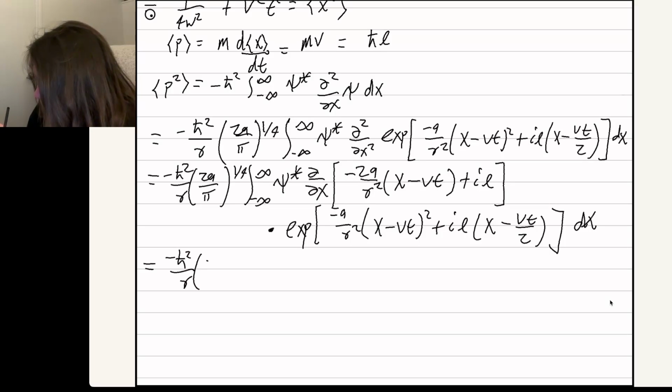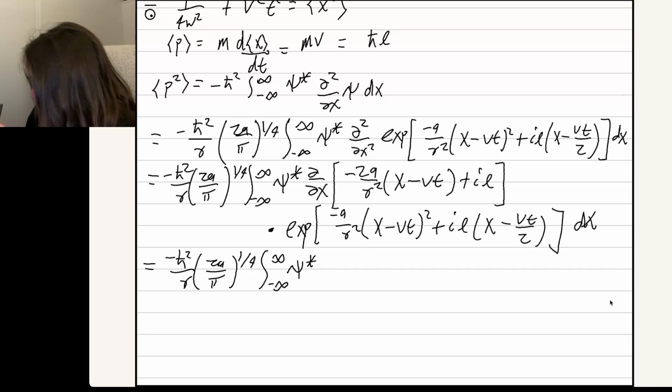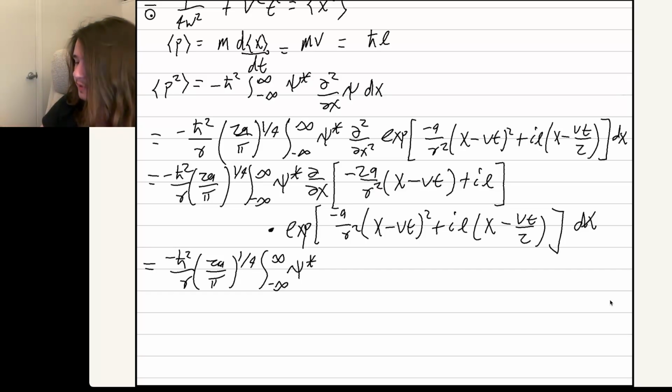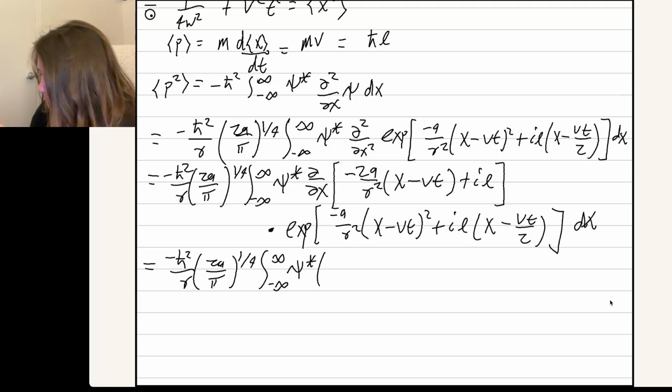And now let's do the second derivative. It's not the worst thing in the world, because we're going to have a term which is just proportional to the derivative of this, which is just minus 2a over gamma squared.